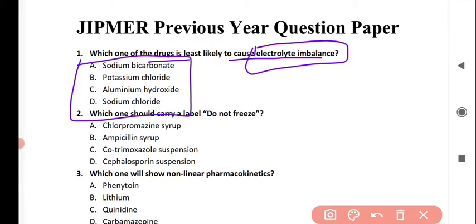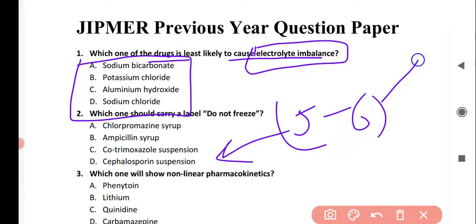So there are certain electrolytes that are required in the body to perform several functions. They are required in a range, like 5 to 6 milliequivalents per liter. If they decrease or increase from this range, then a condition arises that is called electrolyte imbalance.